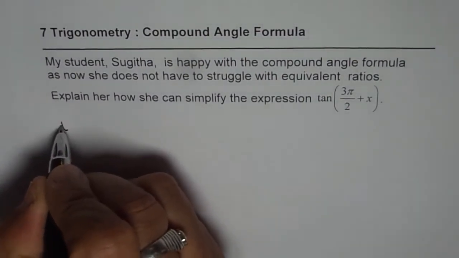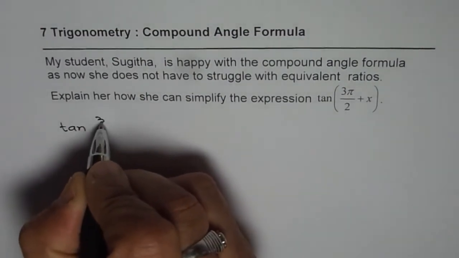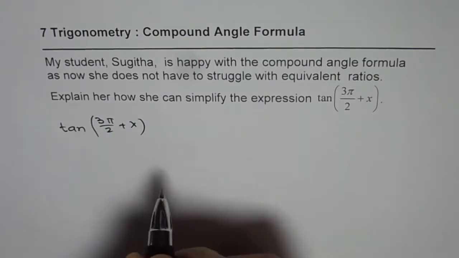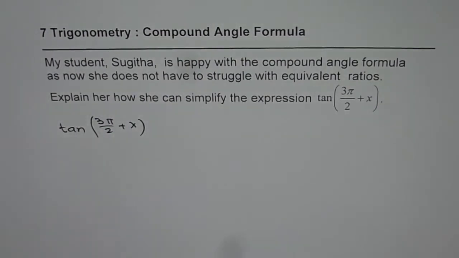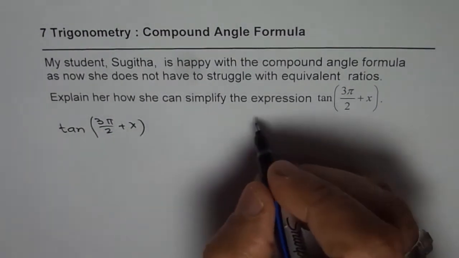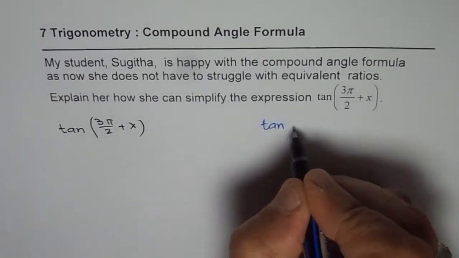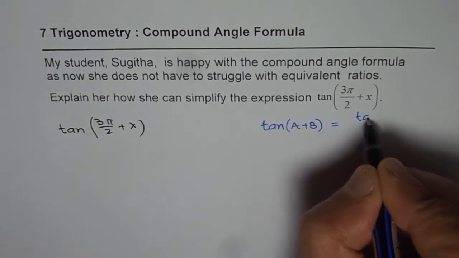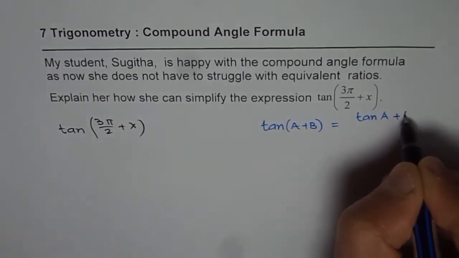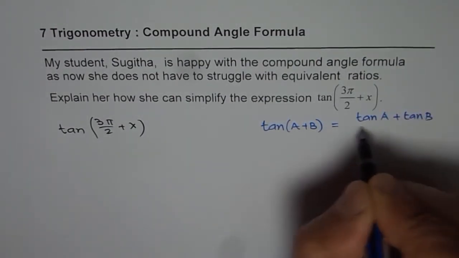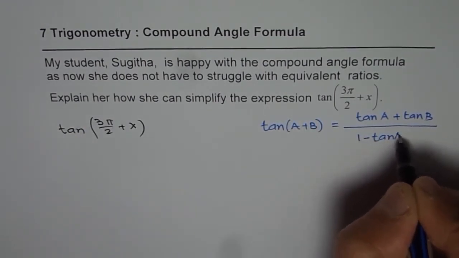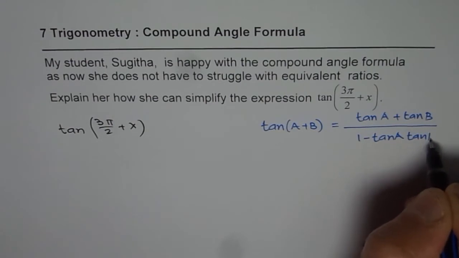Now when we say tan of 3 pi by 2 plus x, and if we apply the compound angle formula, let me write it down. So what do we have? Tan of a plus b is equal to tan a plus tan b divided by 1 minus tan a tan b, right?